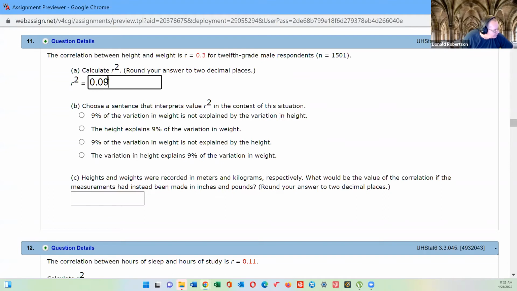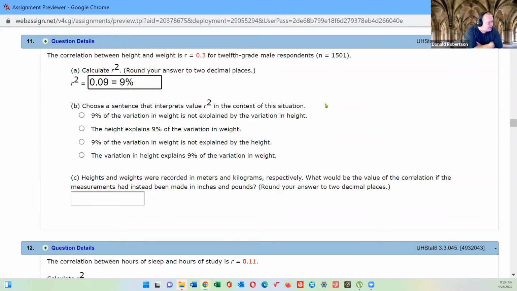If they wanted this answer to be a percentage, wouldn't they put a little percentage symbol outside the box? So that's how I know they want the decimal. But I like percentages better than decimals, isn't it a 9% fit? It's easier to see what's going on here. Isn't that a very weak relationship?